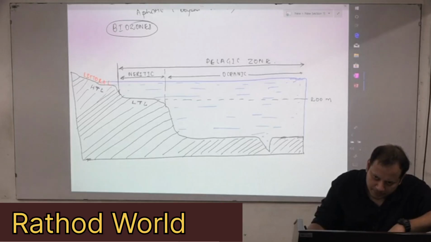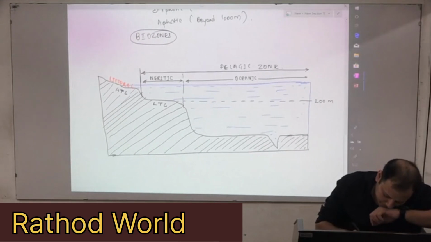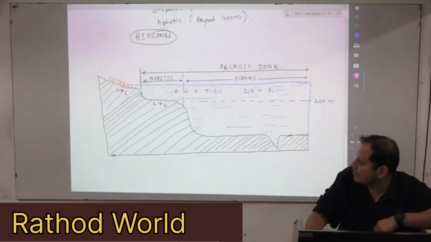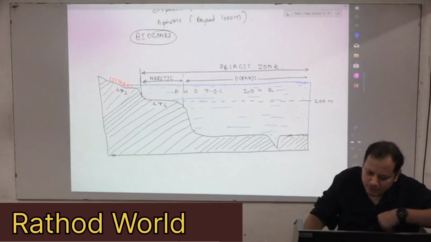Can I continue? Up to the depth of 200 meters is the photic zone.